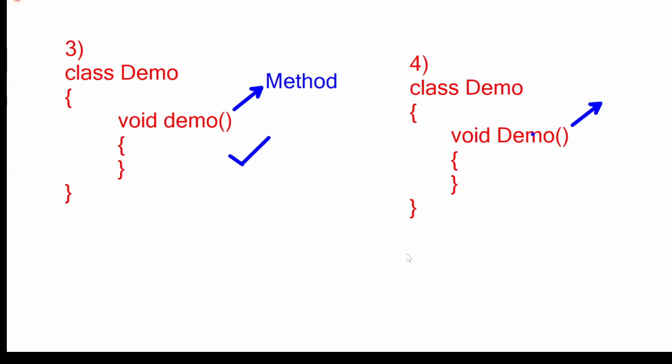But here only the first letter is capital. But I already told you what the Java compiler and JVM understand, that you have to learn. So the JVM and Java compiler will understand it like a normal method. It is valid, but it is a method, not a constructor.